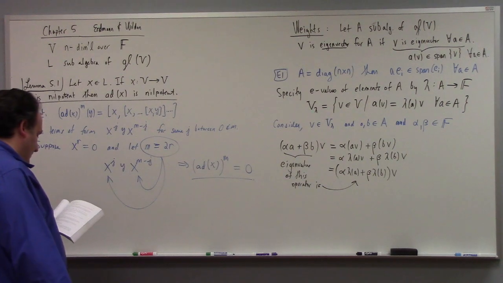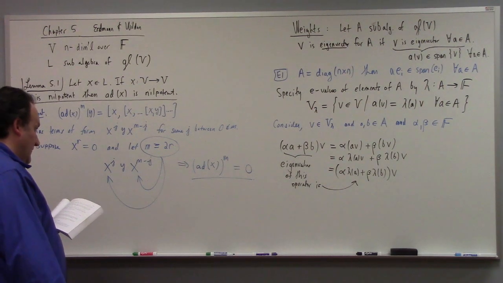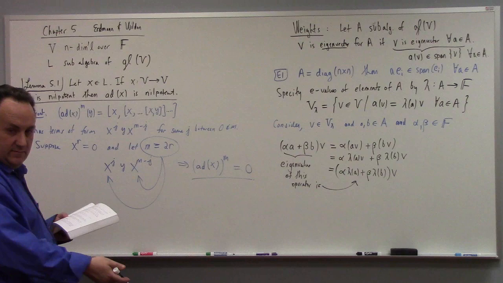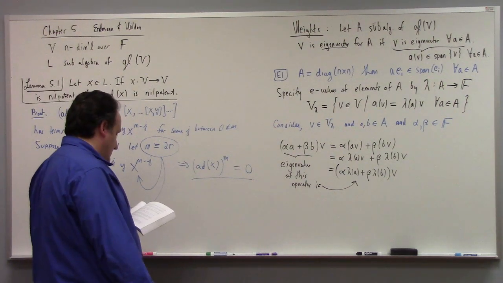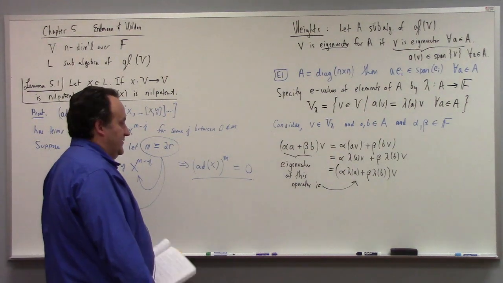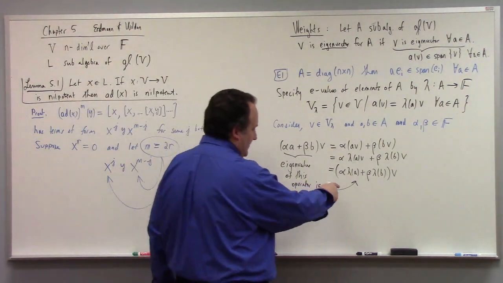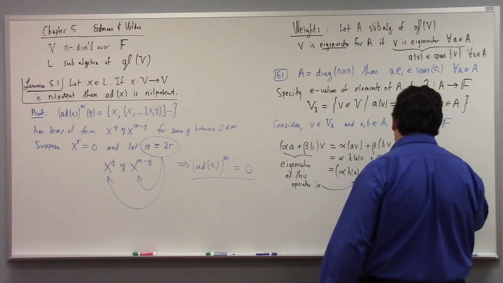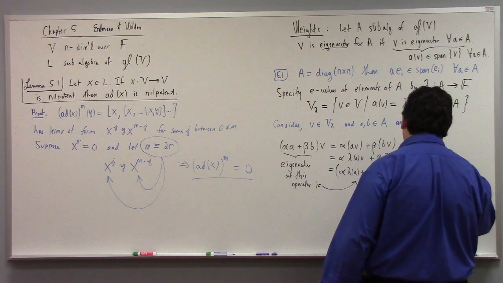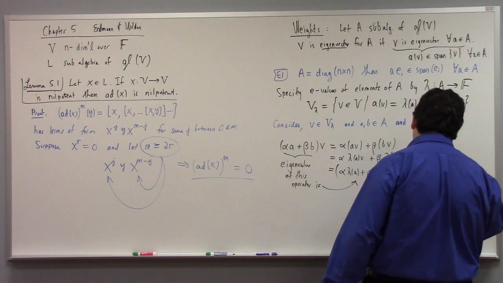And what's the larger point here? Since this holds for all v, what does that tell us? So this is, by definition, lambda of alpha a plus beta b acting on v, all right?